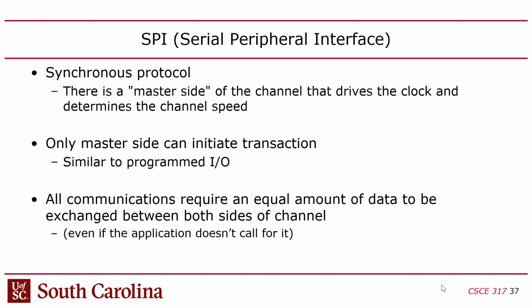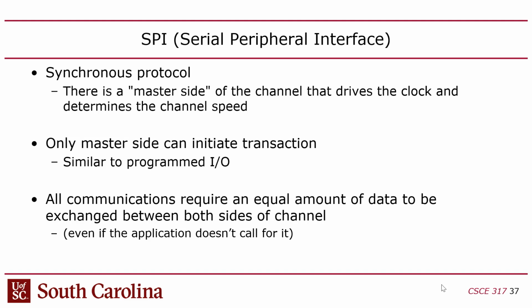It's going to be driving the clock, setting the clock signal, determining what speed the channel runs at. Now if it tries to run the channel faster than the slave side can read, then that's a problem, then it's broken, right?